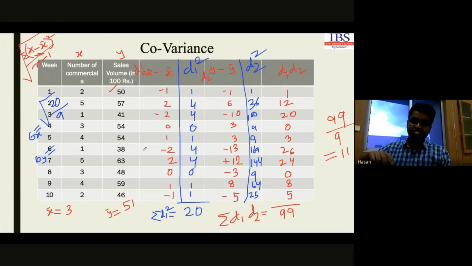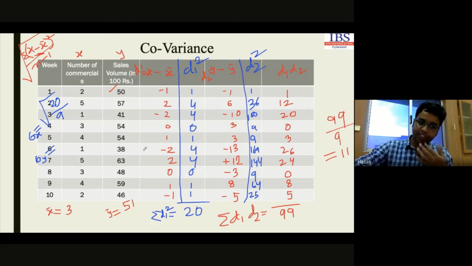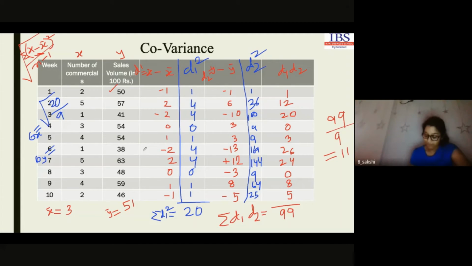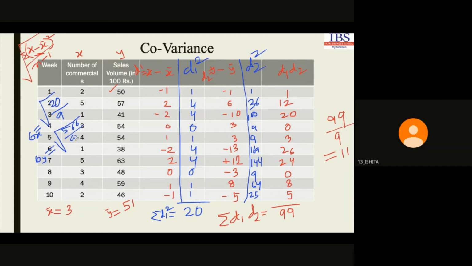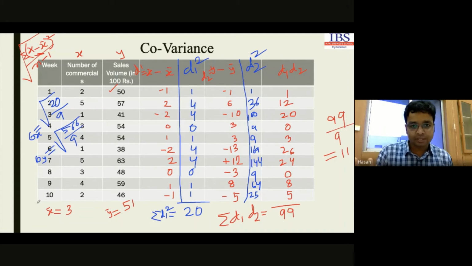Everyone got the value 566? Yes, sir. Okay. So the total sum of y minus y bar squared will be 566, and we have the number of data points 10, so it will be 9. So we get the standard deviation of x and the standard deviation of y.